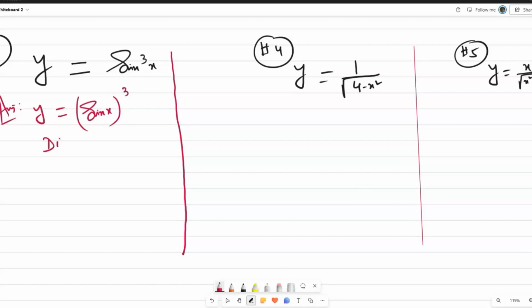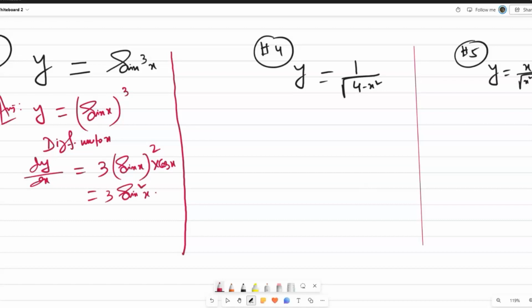So you write, differentiating with respect to x, dy by dx will be 3 sin x to the power 2, like x cube, 3x square, into the derivative of sin x. So you got the final answer.